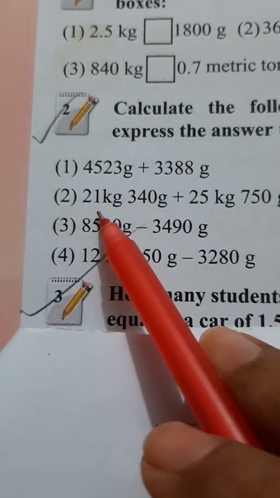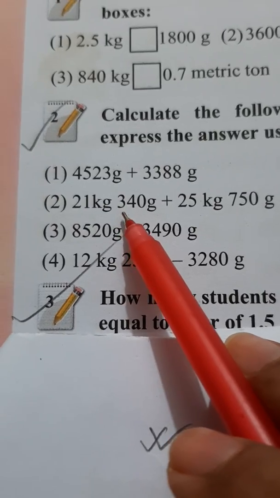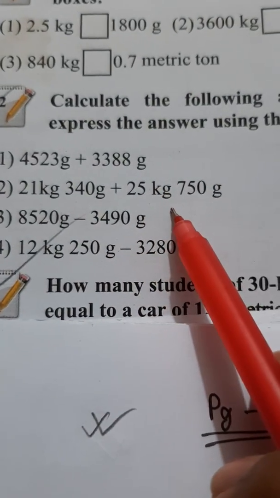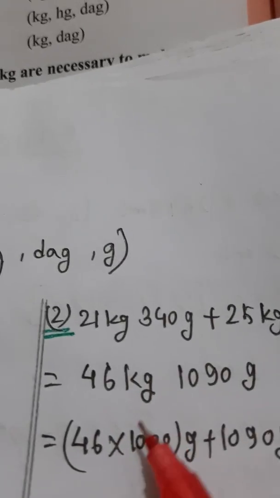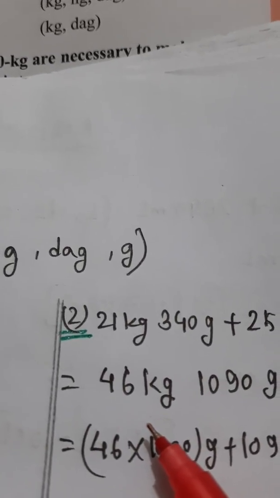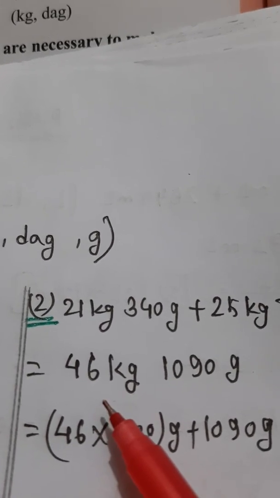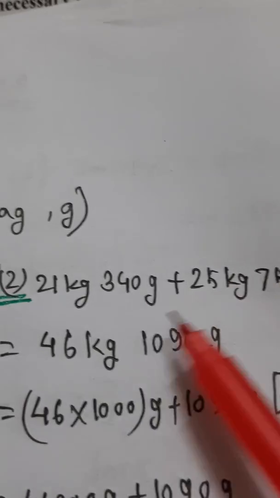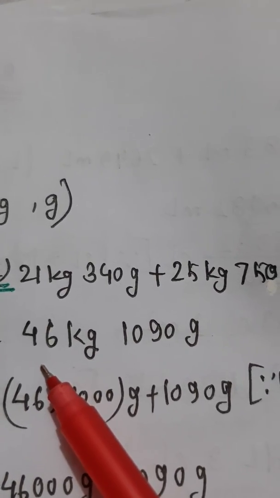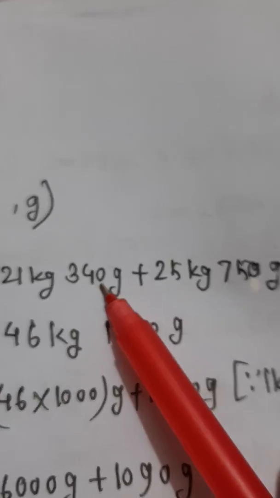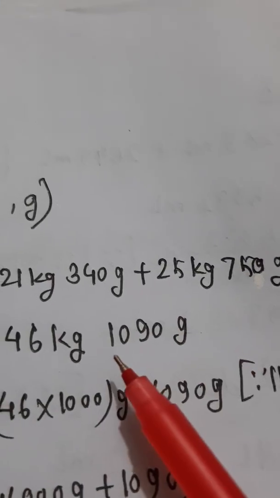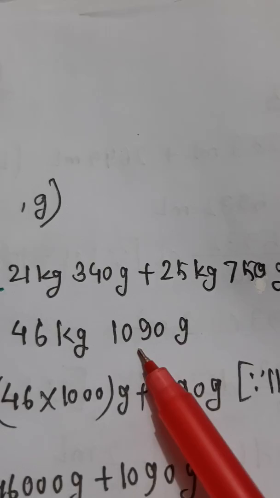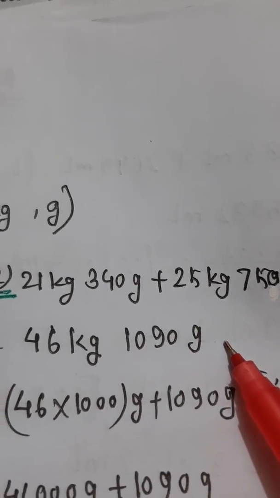Number 2. 21 kg 340 gram plus 25 kg 750 gram. At first we add kg. 21 plus 25, 46 kg. Then we add grams. 340 plus 750. If we add, the answer is 1090 gram.